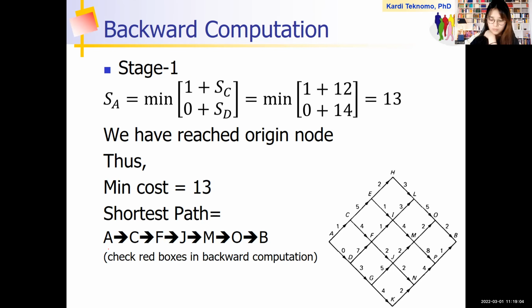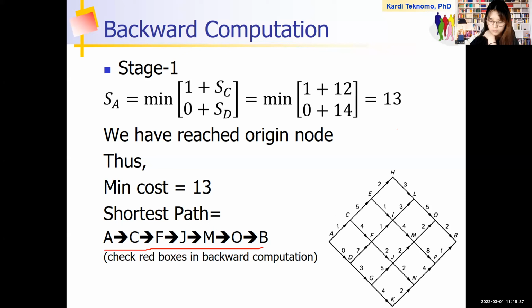Then you can find that shortest path. You check the red box in the backward computation earlier. In stage A, you know the minimum is 13. Again, minimum 13 is from where? Through C, right? If through D, it will give you 14. But if through C, it will give you 13.